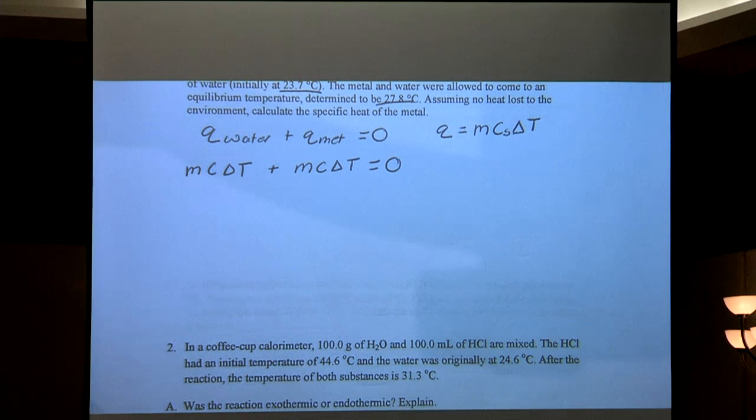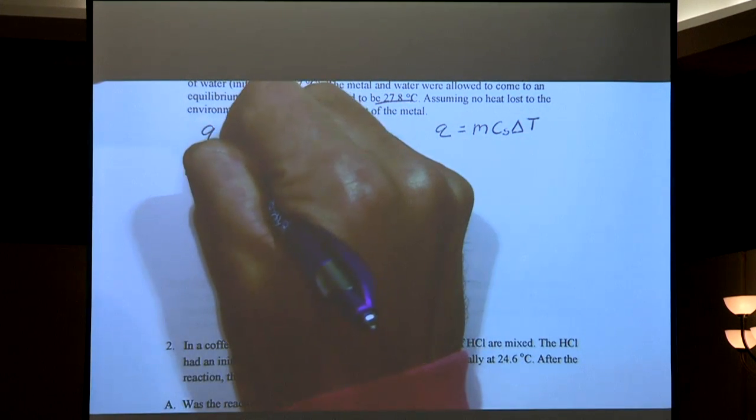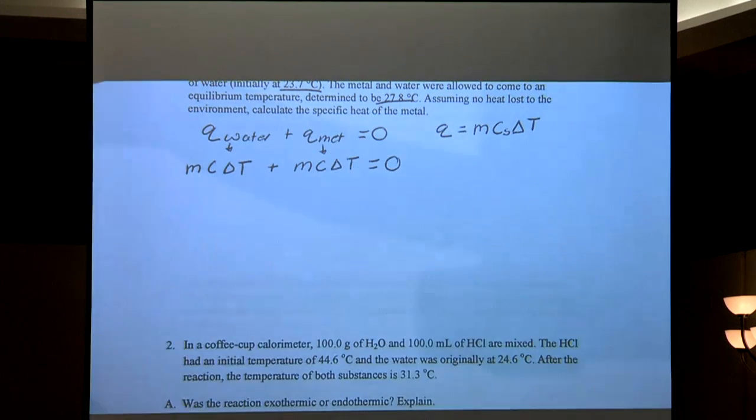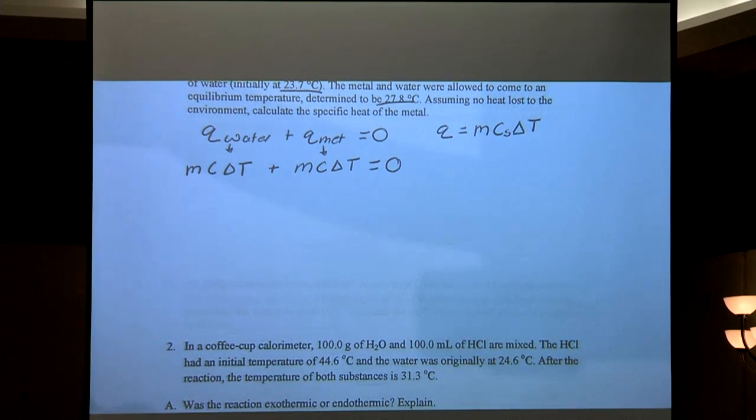Okay? Everybody following this far? Questions? All right, let's keep going. So MCΔT plus MCΔT equals 0, and this is the water and this is the metal. All right, what's my mass of water? 100 what?